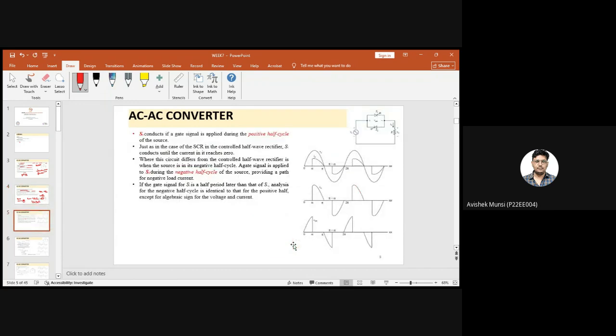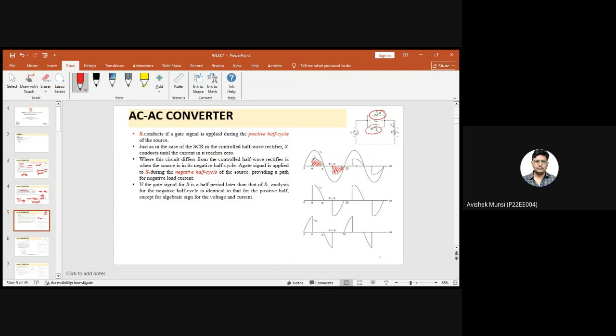Now from here, if you see, when S1 conducts, the positive half cycle of the source will work. During the positive half cycle, S1 will be on. When S2 is on during the negative half cycle, then this half cycle of the output will appear.